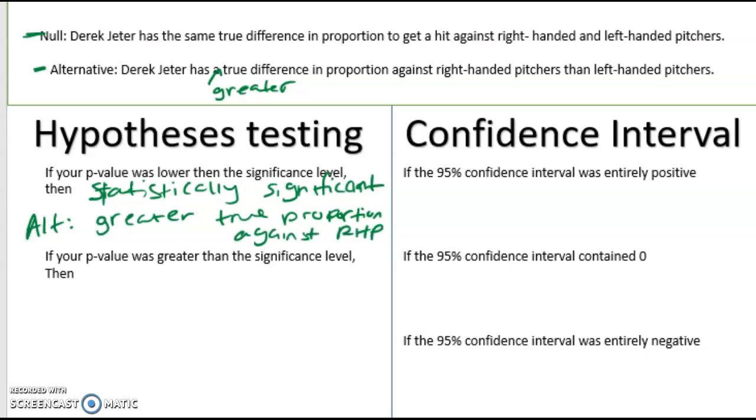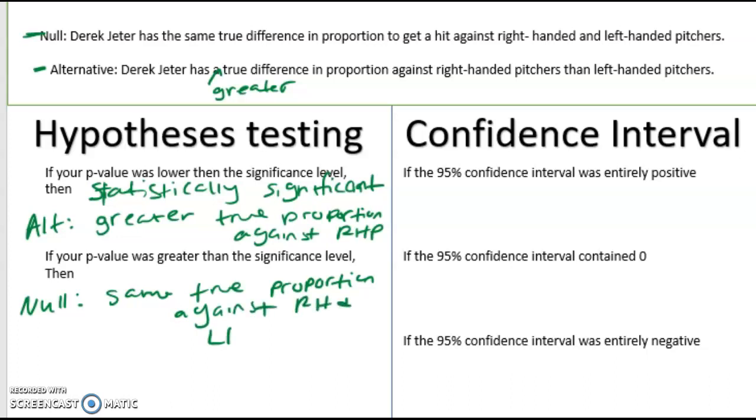Okay, and if our p-value was bigger than the significance level, this means that we had a random chance. So we don't have statistical significance, so we would support the null hypothesis. So we have evidence that he has the same true proportion against both right-handed and left-handed pitchers.